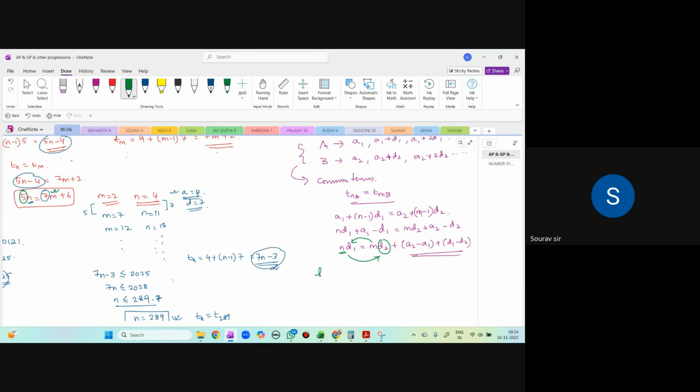So the common difference of the series containing the common terms will be LCM of D1 and D2.